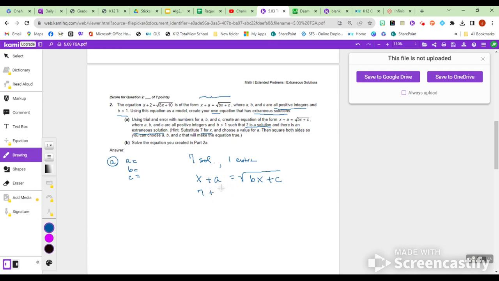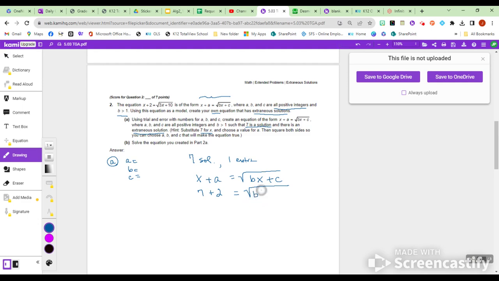So you're just going to pick an a value. I'm just going to pick one here. I'm not going to work this one completely out. A must be positive, and it must be an integer. So I'm just going to pick 2. You can pick any integer that is positive. And then over here, it says choose a value for a. Then square both sides. So we still have the b.